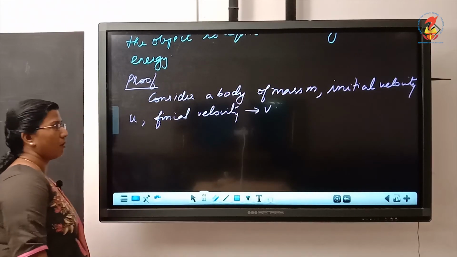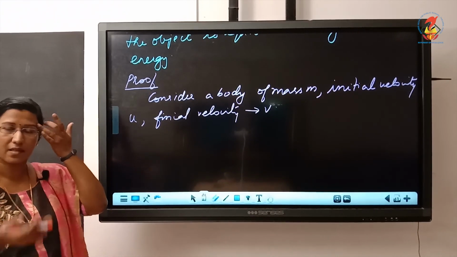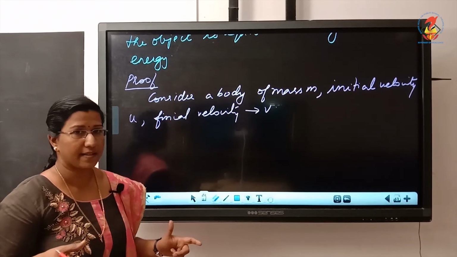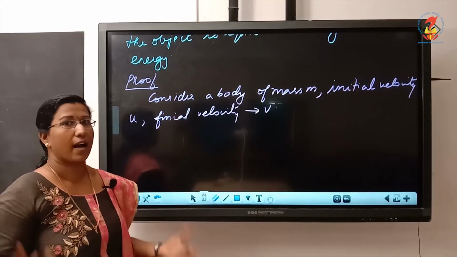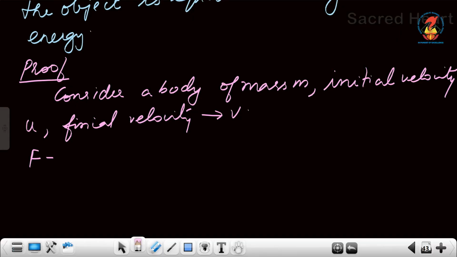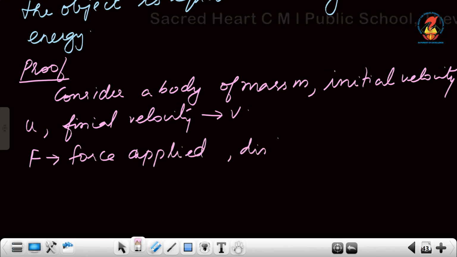Okay. So there is a body having initial velocity u and final velocity v. Now this derivation is similar to the derivation of kinetic energy. The only difference is that here we are taking the value of initial velocity as u itself and not 0. And let F be the force applied on the body which makes the body move through a distance ds.